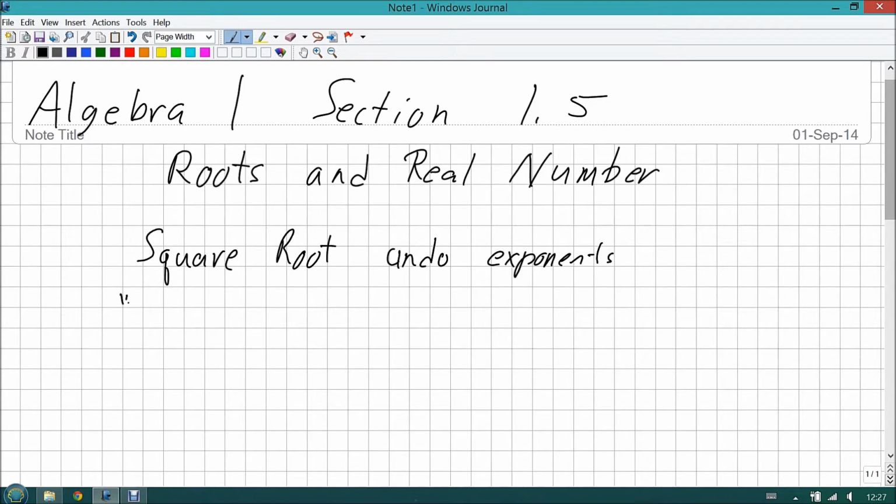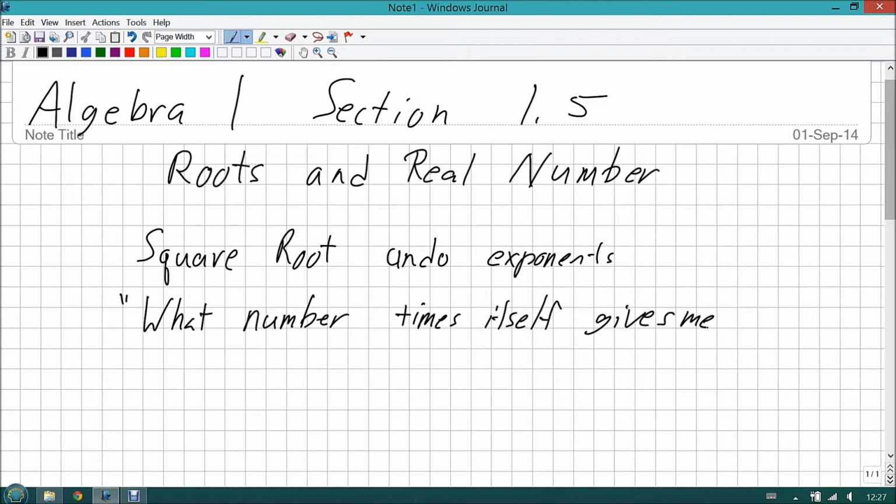In essence, they ask the question, what number times itself gives me this number? In other words, what number multiplied by itself gets us to where we started?